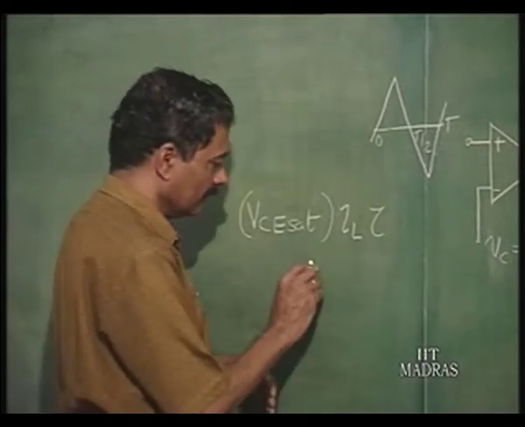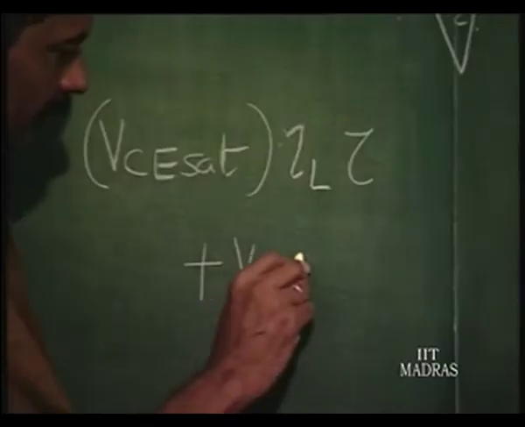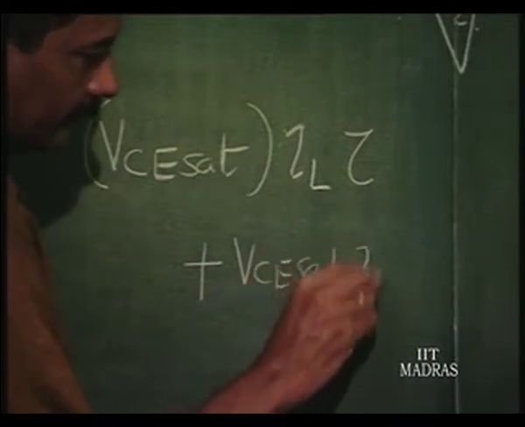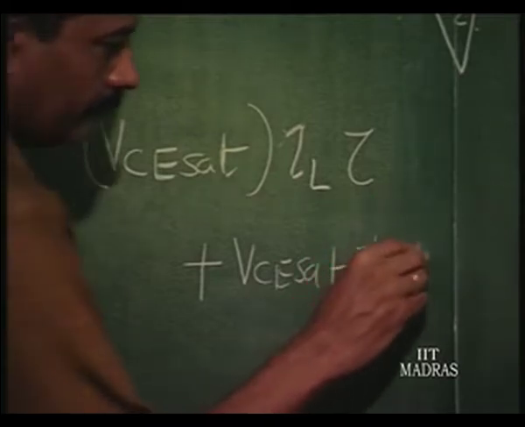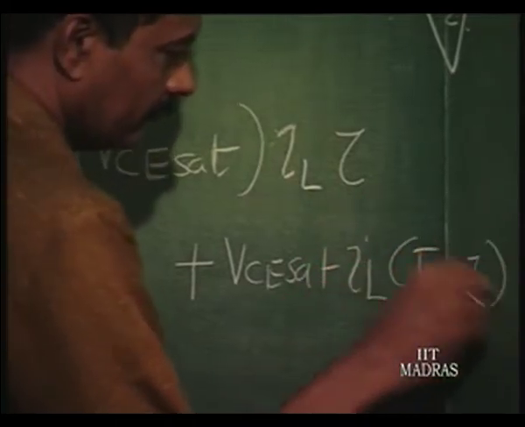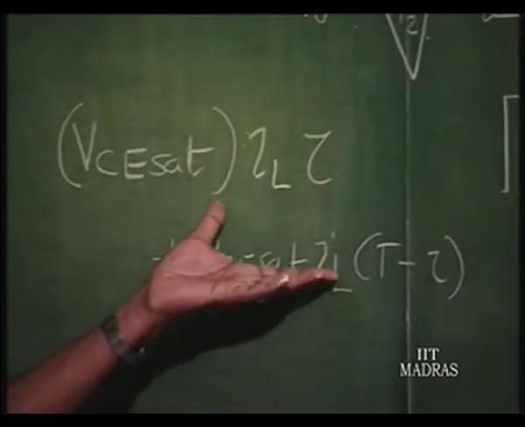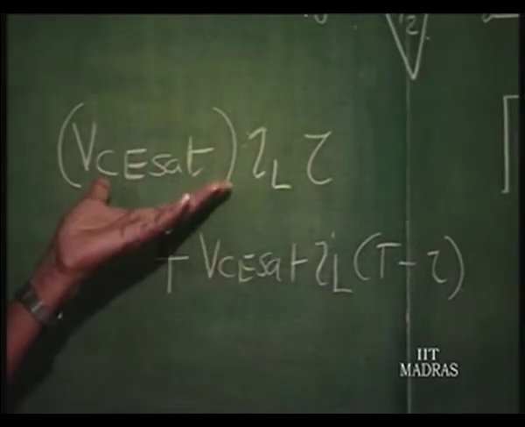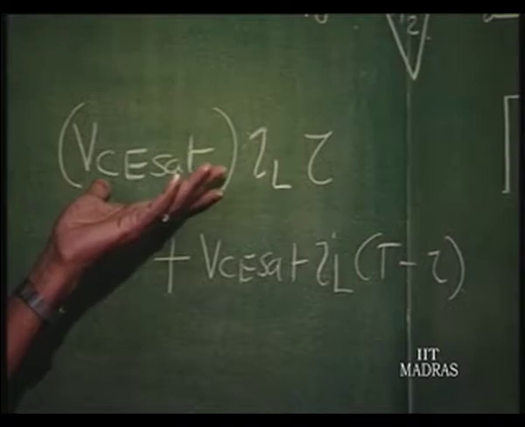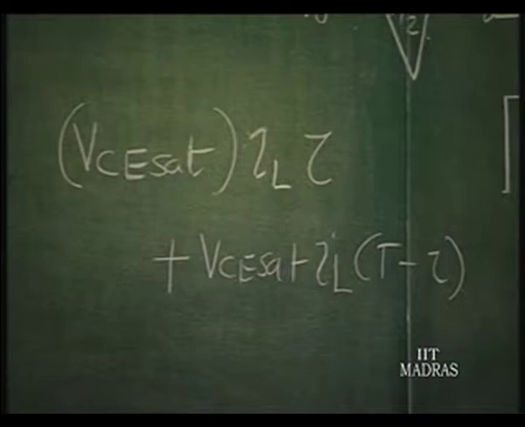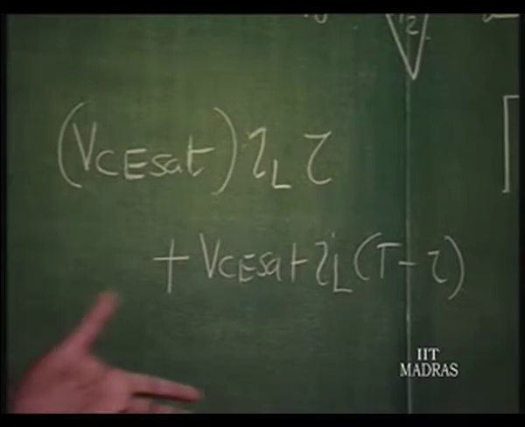And so, basically if you assume that the transistor power gets dissipated when it is closed, this will be the total power that is dissipated in the transistor when it is closed.